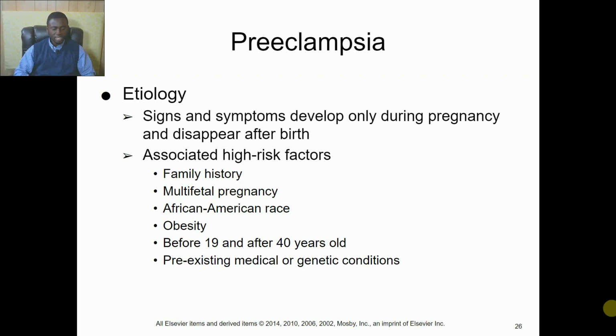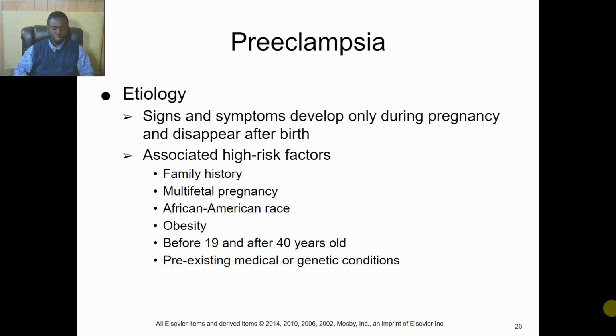Multifetal pregnancy, which increases the hormones that support pregnancy. We know that the hormones contribute to the increase in vascular volume and also the dilation of the blood vessels. Then race is also another risk factor that can contribute to preeclampsia, such as if the client is of African American descent.